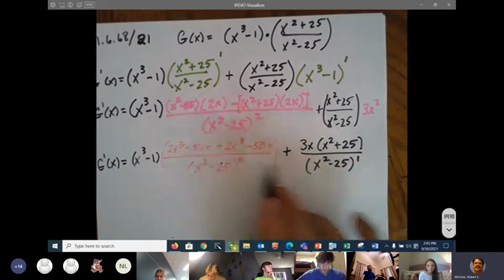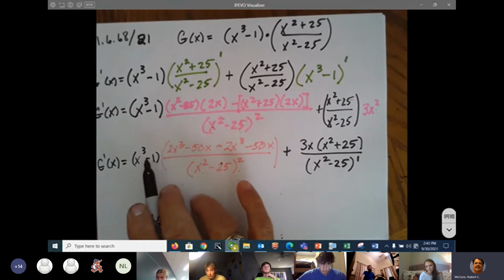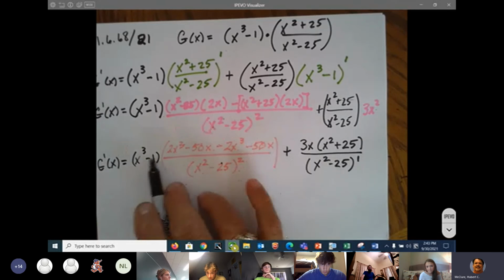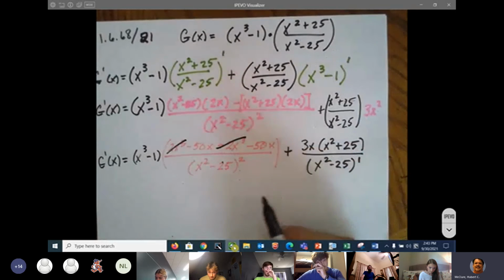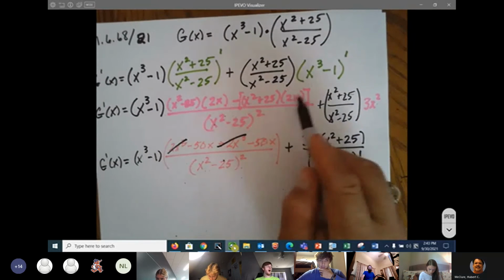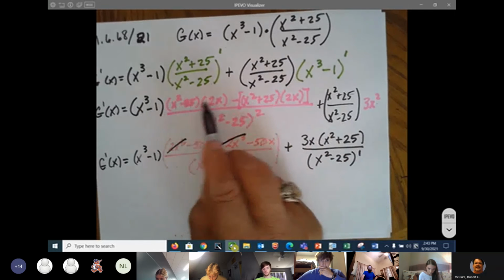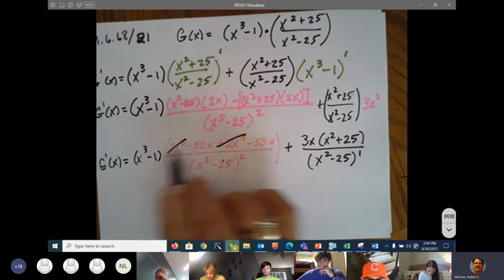So I see us maybe putting these two together, and it looks like we're going to have to put these two together. Well, that's out, so that goes out with that. I was hoping that would go out. That's why I was checking my signs. Negative and negative, that's 100x. And this is going to go with this.